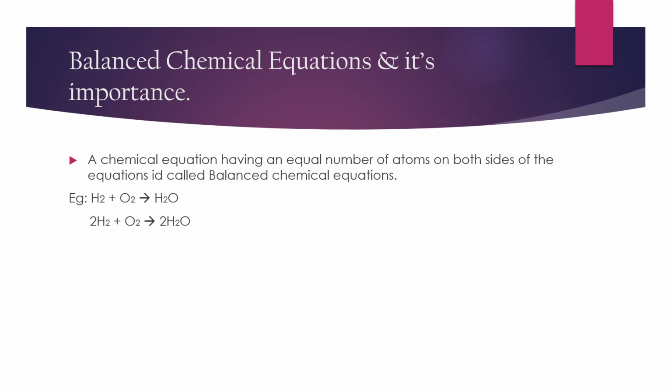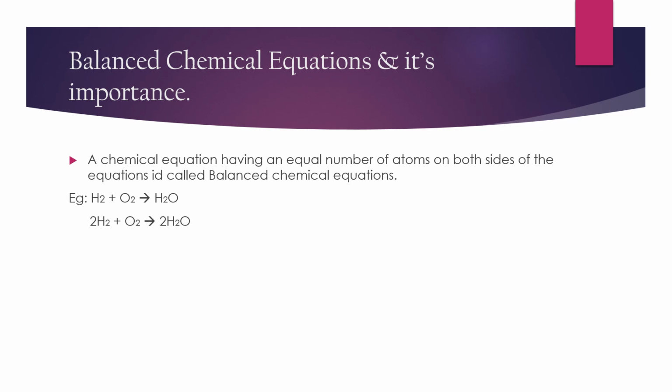Here we can see on the reactant side, the left hand side, hydrogen is 2, oxygen is 2, but on the product side, in H2O, hydrogen is 2, it is balanced, but oxygen is 1, while on the reactant side oxygen is 2.